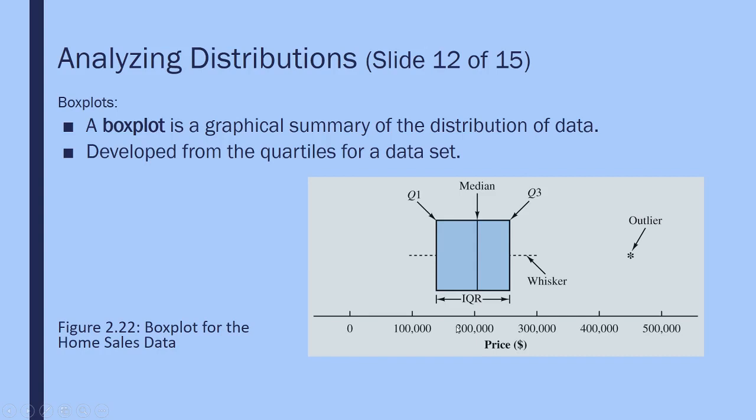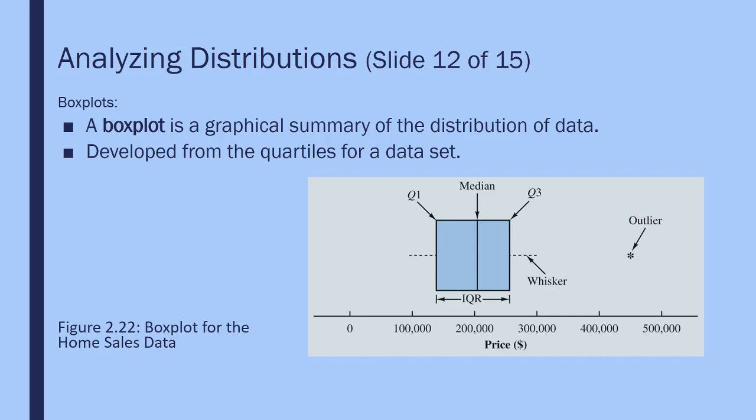Whiskers are drawn from the ends of the box to the smallest and largest values inside the limits computed in the step for getting the box plot. The whiskers end at home sales values of 108,000 and 298,000.